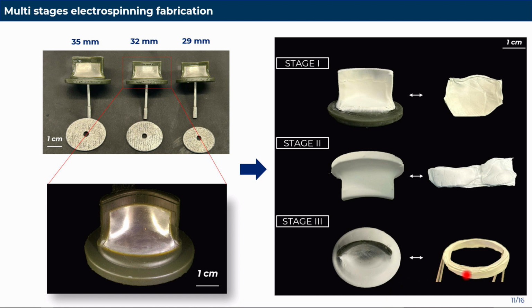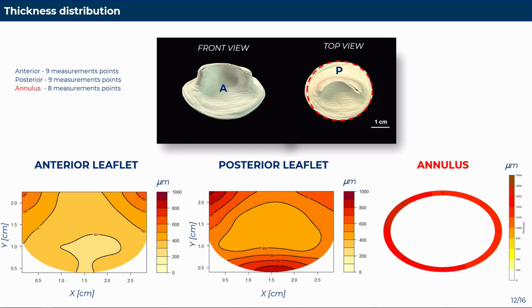And I would like to stress stage 3, introducing the plate, which allows us to obtain some parts of the valve that are thicker than other parts, reaching thicknesses up to 1.5 to 2 millimeters, mimicking what a common Dacron ring does.